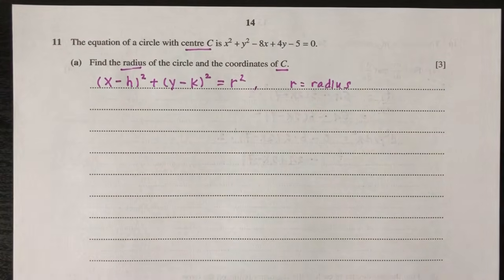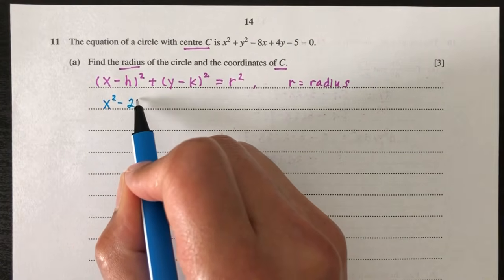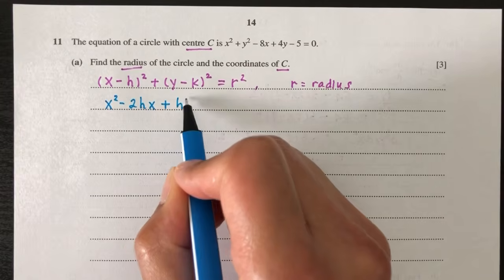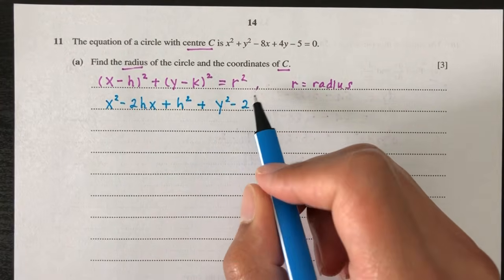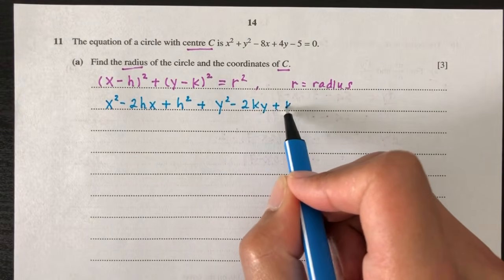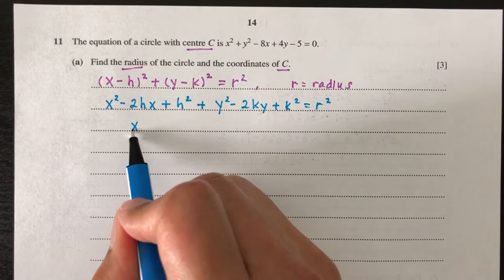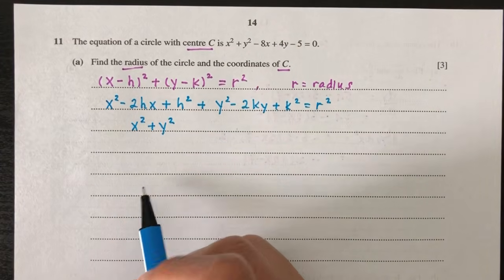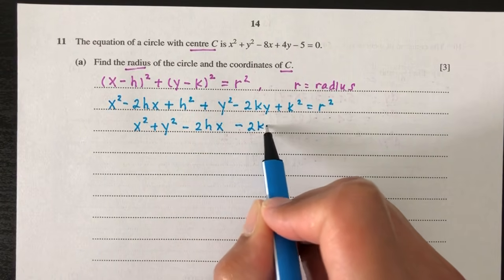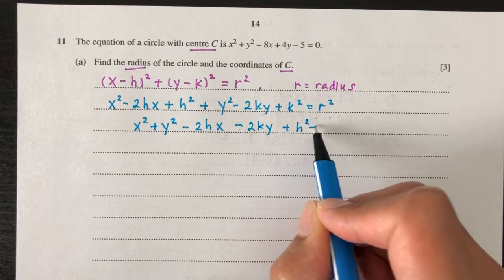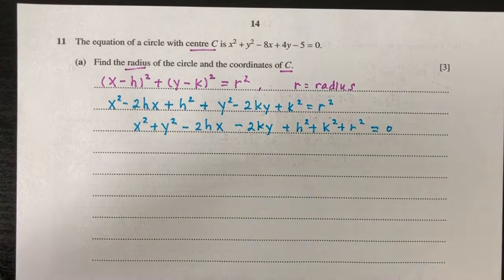Now the first step is we can just expand those brackets. You will have x squared minus 2hx plus h squared, and plus y squared minus 2ky plus k squared equal to r squared. Now simplify, you will have x squared plus y squared minus 2hx minus 2ky plus h squared plus k squared minus r squared equal to 0.